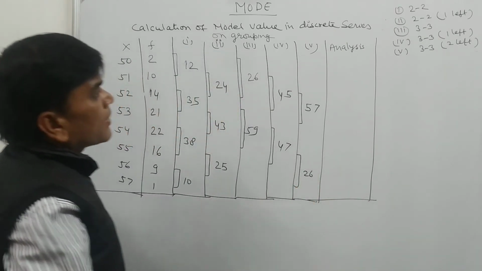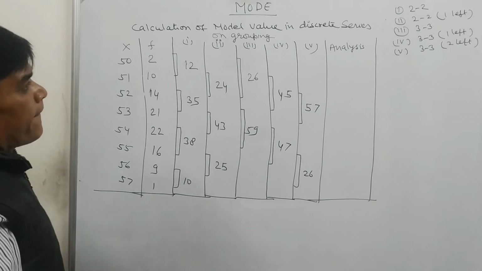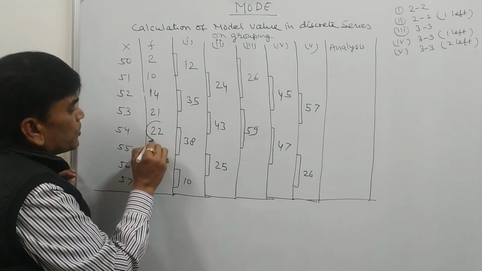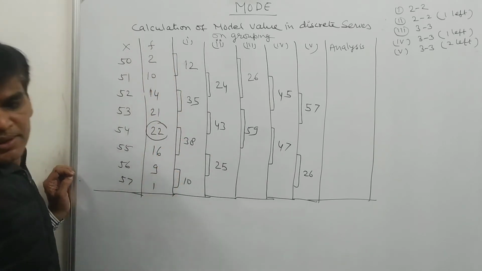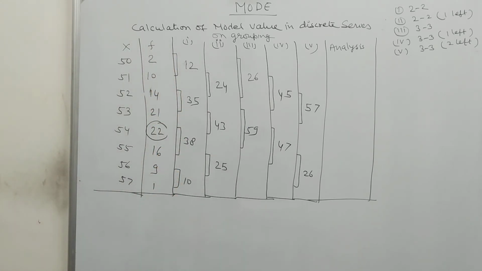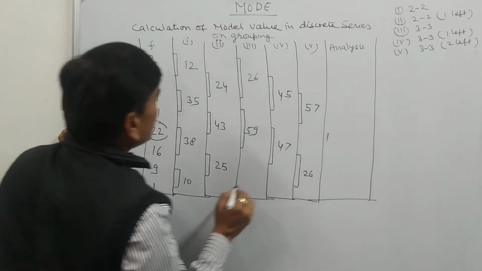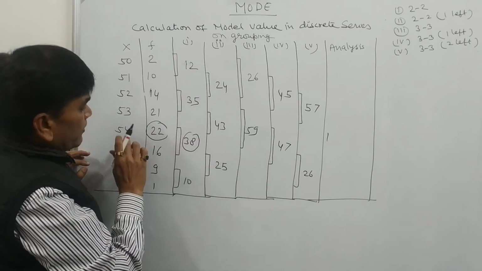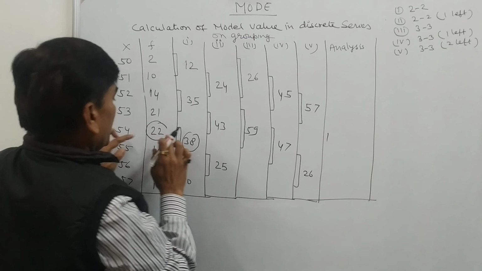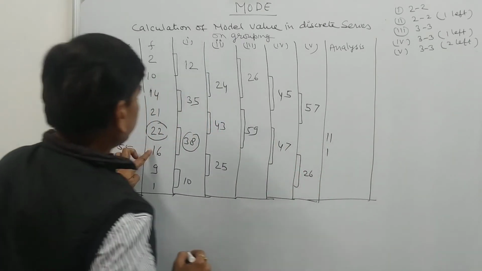Now in the analysis table, we start from the frequency table. In the first grouping, the highest number is 38, so we put a tally mark on 22 and 16.